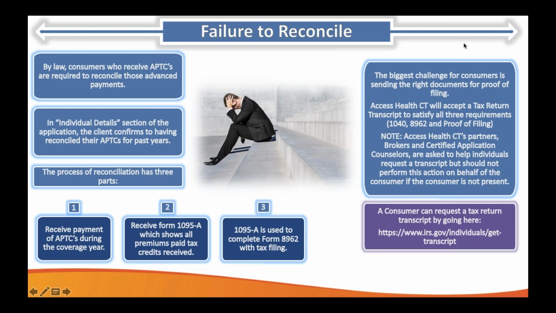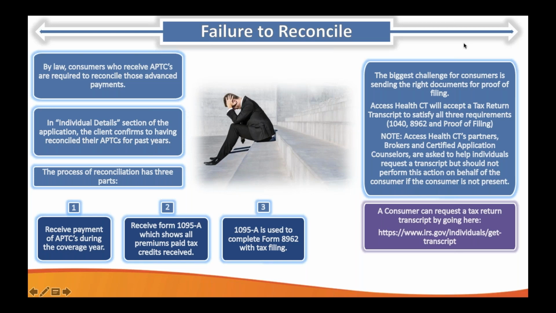The biggest challenge for the consumer is sending the right documents for proof of filing. Access Health will accept a tax return transcript to satisfy all three requirements: the 1040, the 8962, and proof of filing. Access Health partners, brokers, and certified application counselors are asked to help individuals request a transcript, but should not perform this action on behalf of the consumer if the consumer is not present.